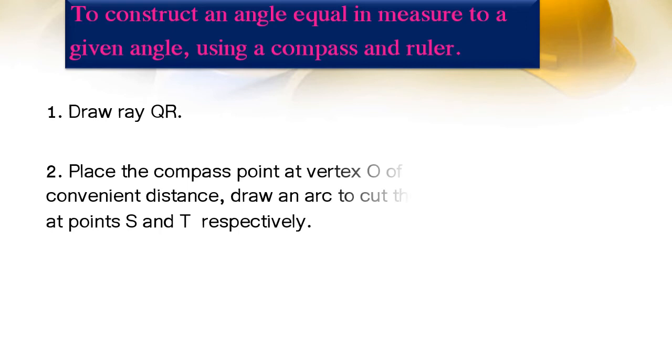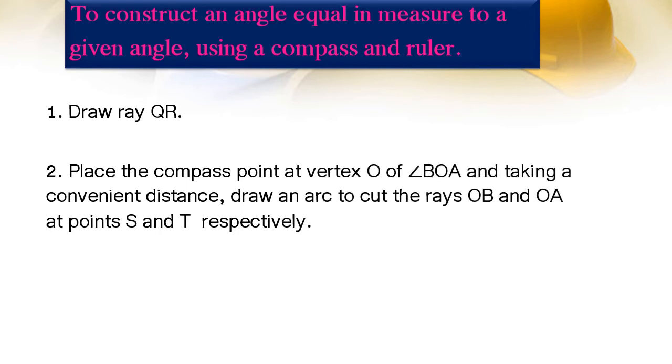Place the compass point at vertex O of angle BOA, that is the first angle, and taking a convenient distance, draw an arc to cut the rays of that angle BOA, that is ray OB and ray OA, at points S and T respectively.